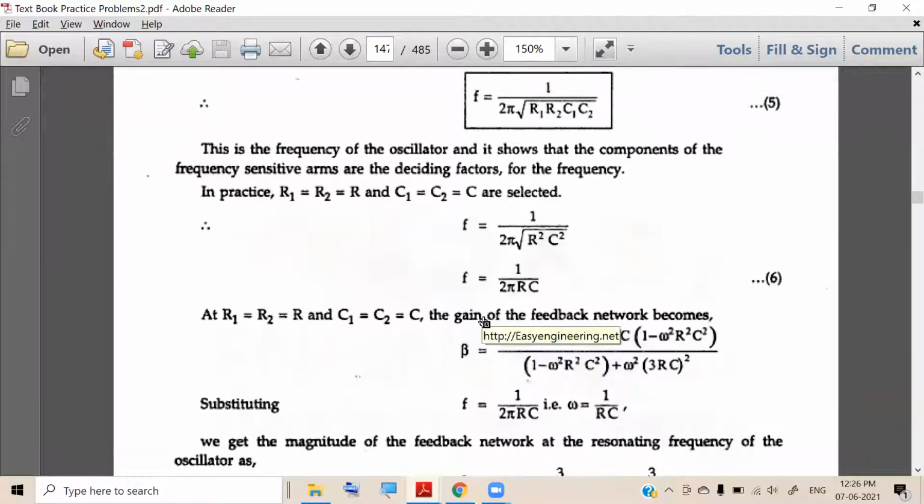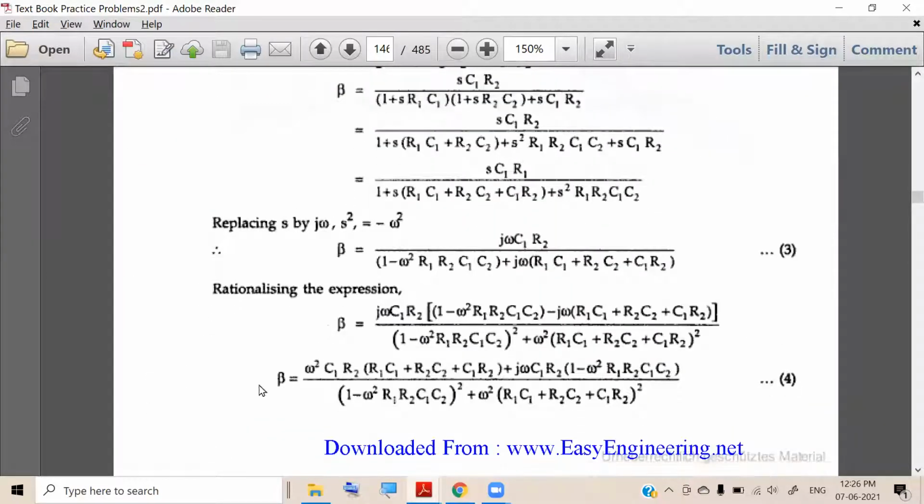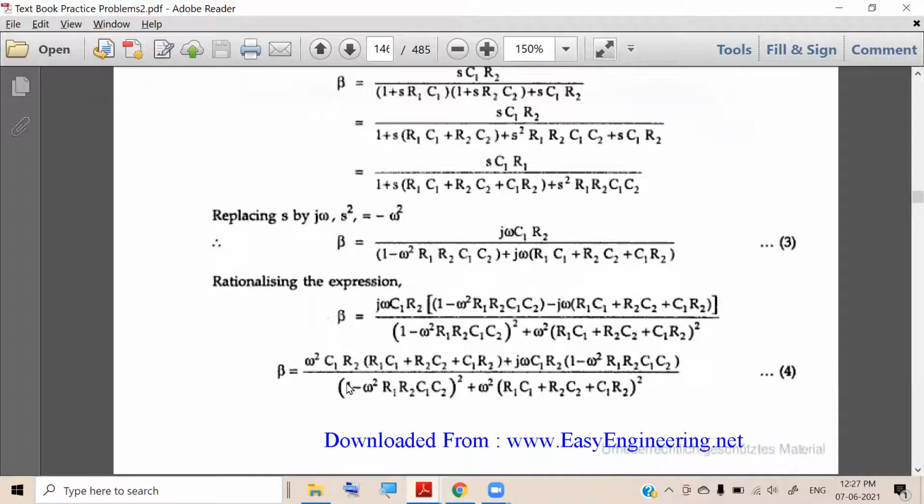So substituting R1 is equal to R2 is equal to R here, C1 is equal to C2 is equal to C here, what will we get? Simply remove the subscripts.